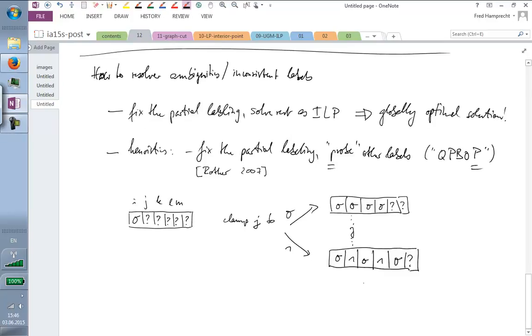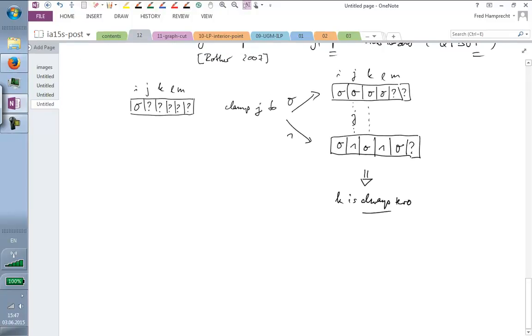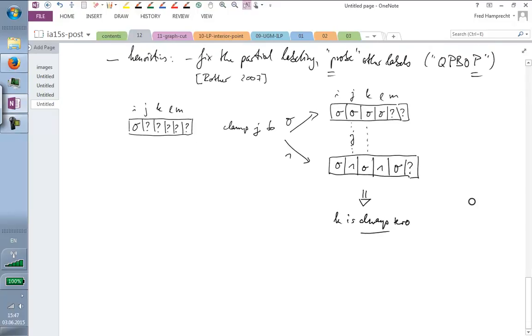And if I now look at these 2 solutions, I can draw a couple of conclusions. For example, K was 0 here and K was also 0 there, so I know that K is always 0. So I have acquired an additional label. Or I can see that L is 0 in the top solution and it's 1 in the bottom solution.